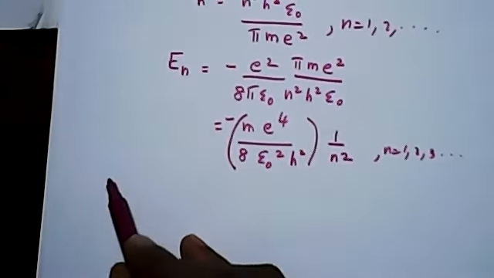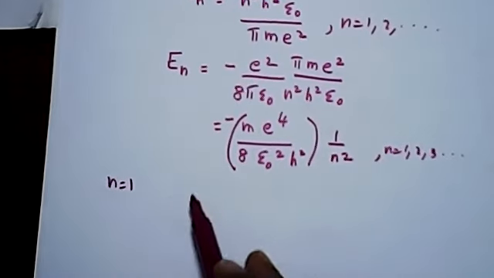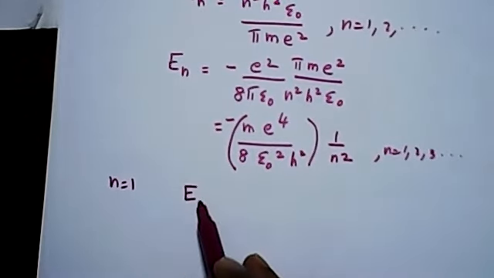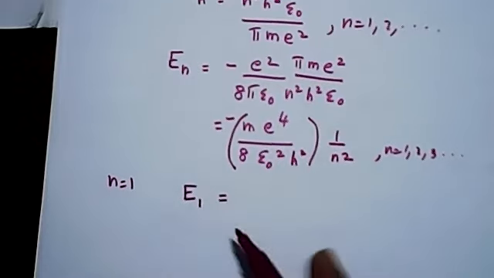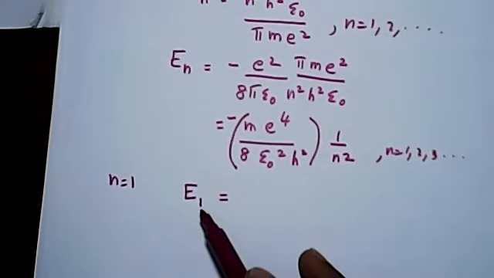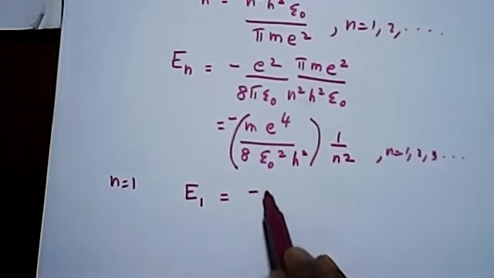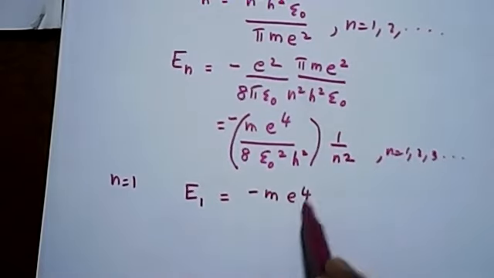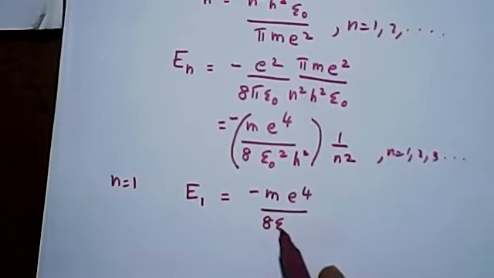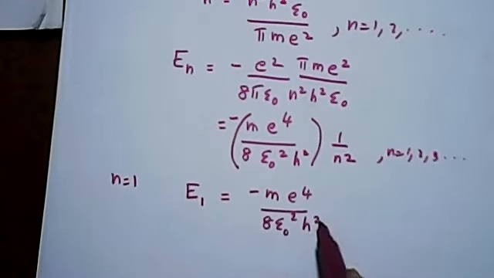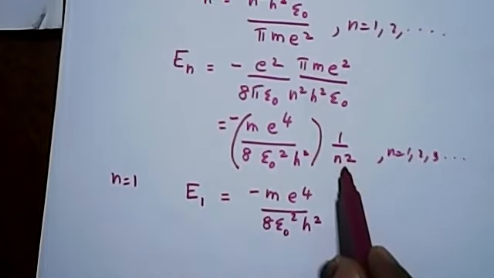Now you put n equal to 1, so you get the ground state energy E1. This is the lowest state or ground state, so that will be minus m e to the power of 4 by 8 epsilon 0 square h square, and n square is 1. Okay.